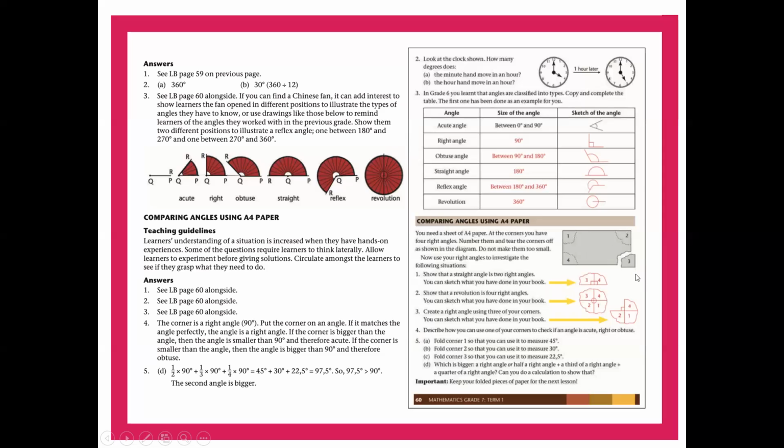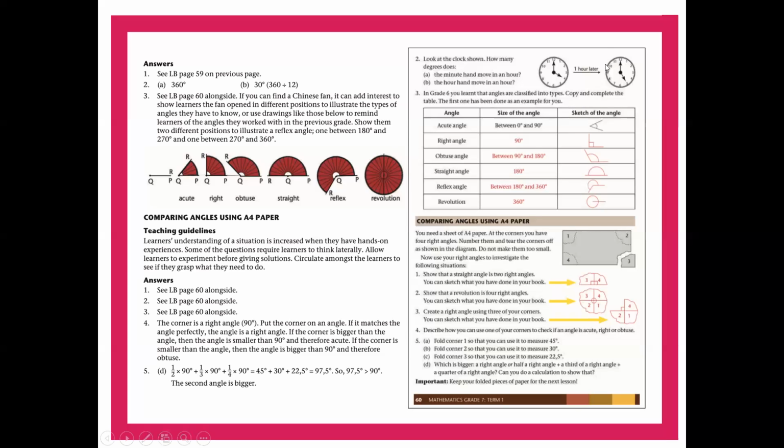Okay, now this activity over here, you need a sheet of A4 paper. At the corners, you have 4 right angles. Number them and tear the corners off as shown in the diagram. Do not make them too small. Now use your right angles to investigate the following statements.